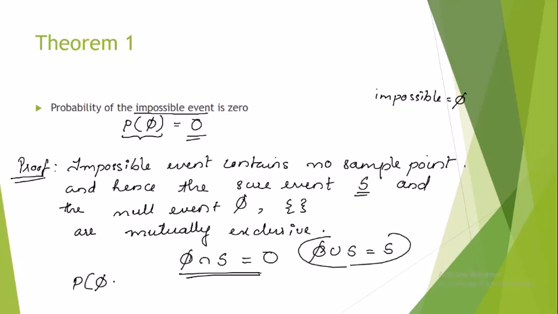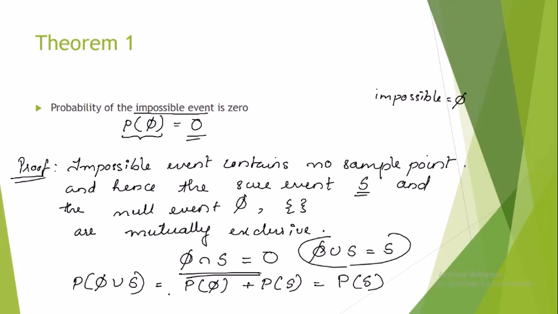So what will be the probability of phi union S, the null event union the sure event? By using the additive property of probability, or the axiom that we have learned in the axiomatic definition, we can write this as probability of phi plus probability of S is equal to probability of S, right?